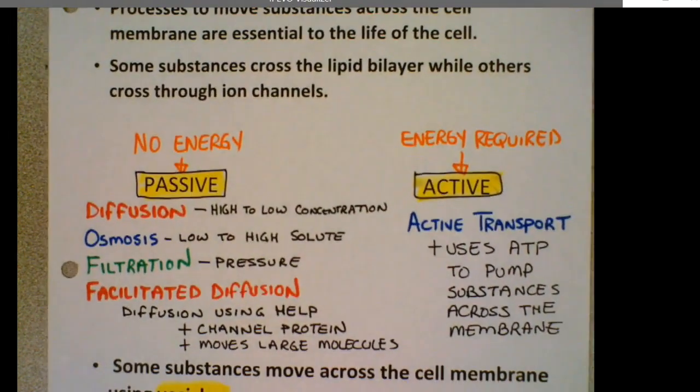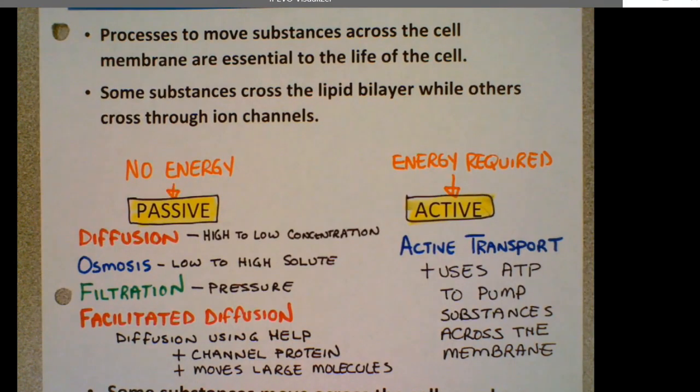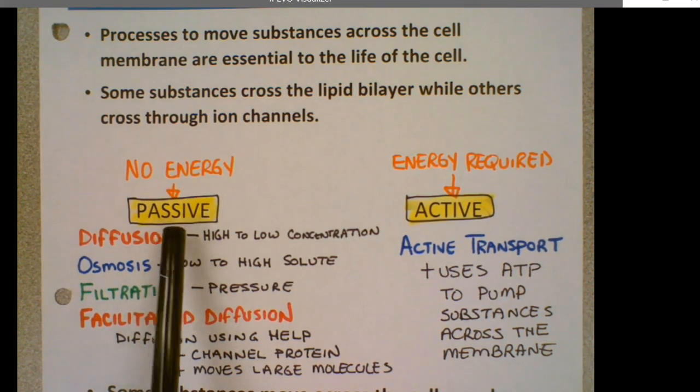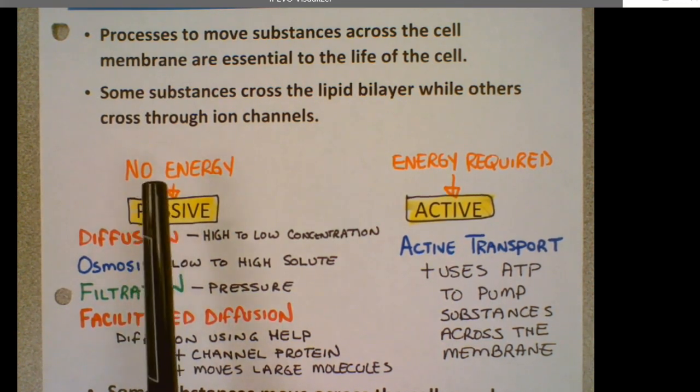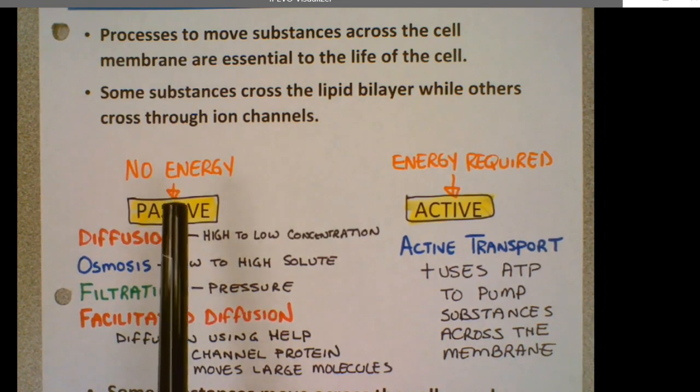Now, there are a whole list of things that the cell can do to move stuff across the membrane. There's two categories. We can move things passively, and that requires no energy at all. It's just physics that's moving stuff.